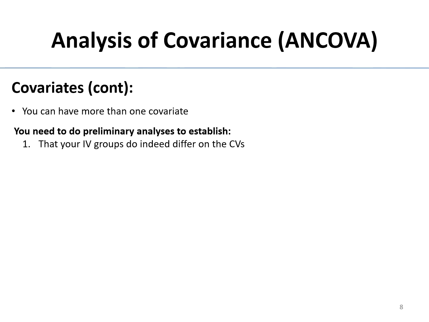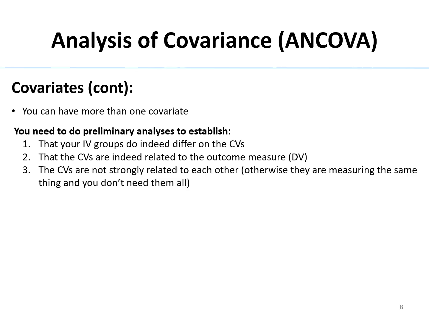But that's not enough just to have average age differ. Average age would also have to be related to the outcome variable. So the second part of this is that the covariates are related to the dependent variable. So two things have to be true for something to be a confounder. It has to differ between the groups, and it has to be related to your outcome variable.